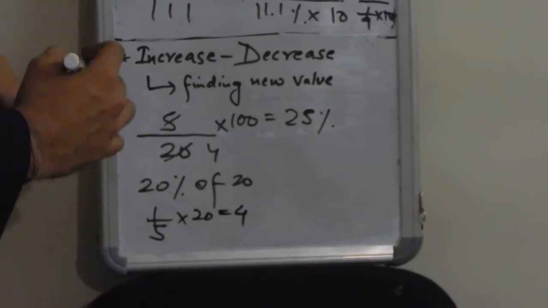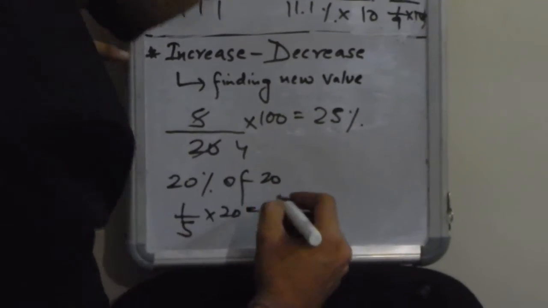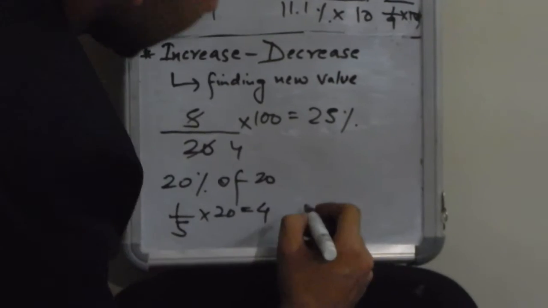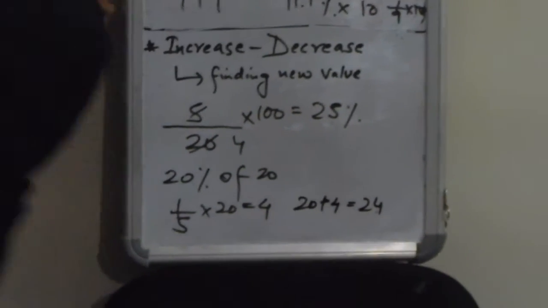So if I say that 20 has increased by 20%, I would say 20 plus 4 is equal to 24. Very simple. But these concepts are very crucial. You need to be very clear with them. That's why we are spending so much time on them initially.